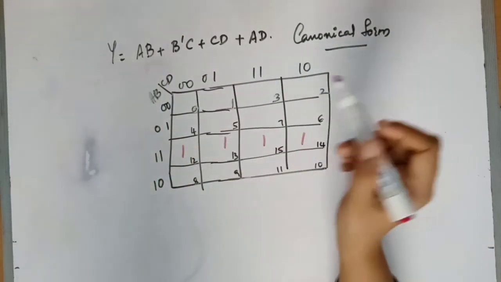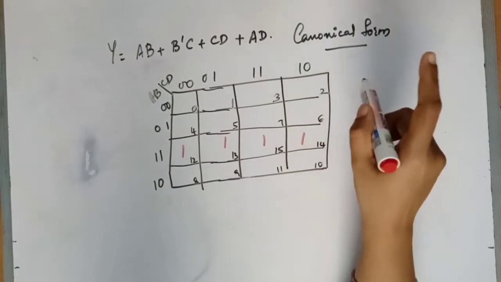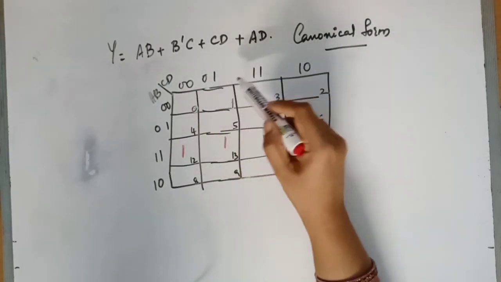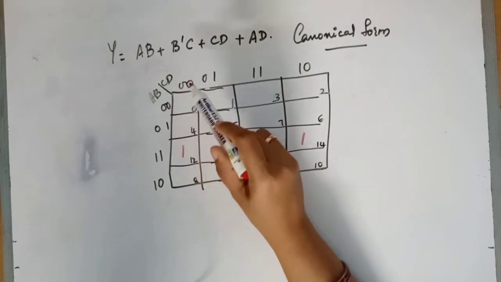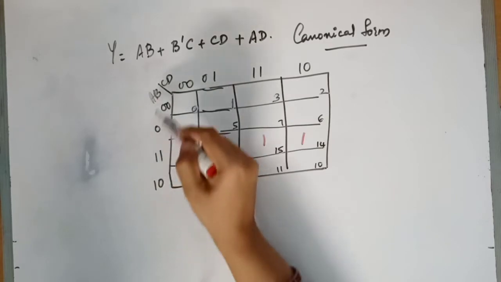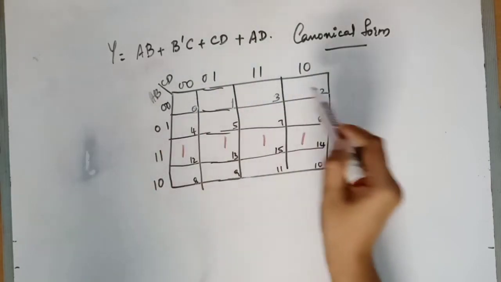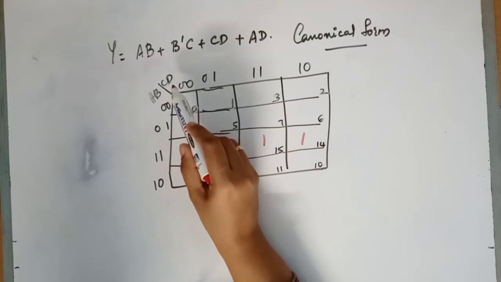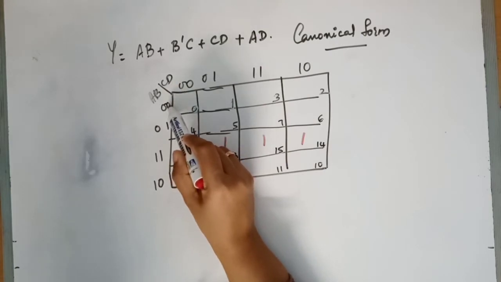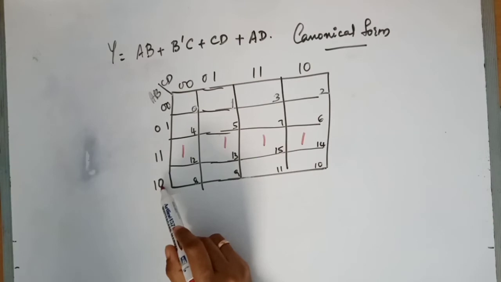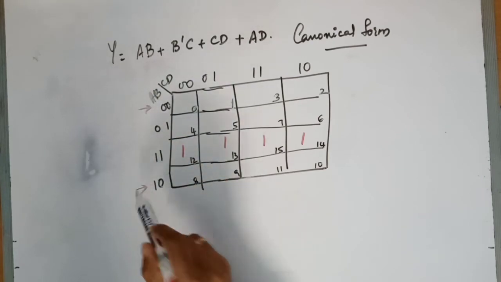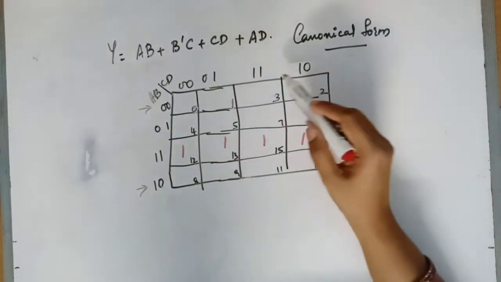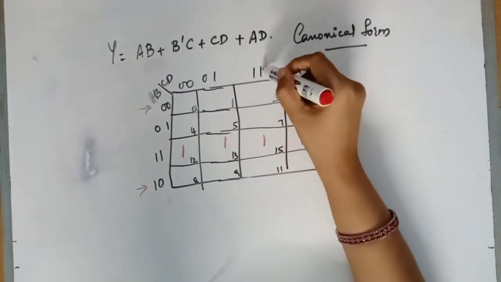B bar C means B is 0 and C is 1. B0 means this row and this row, and C1 means these two columns.